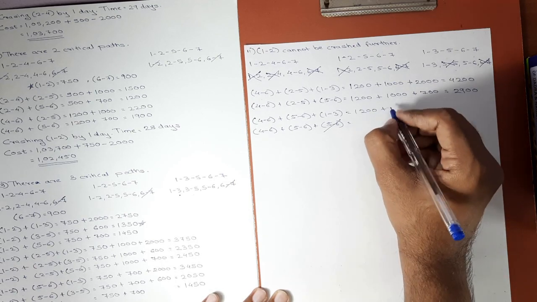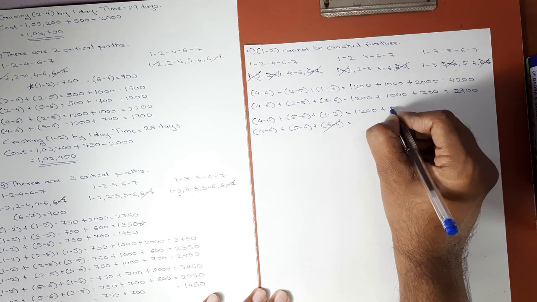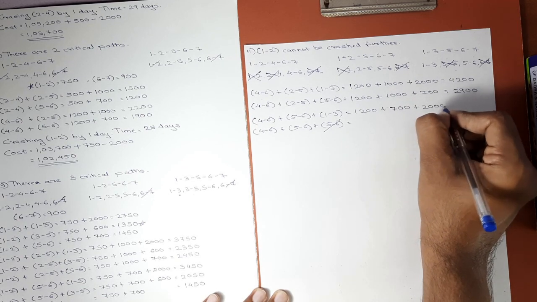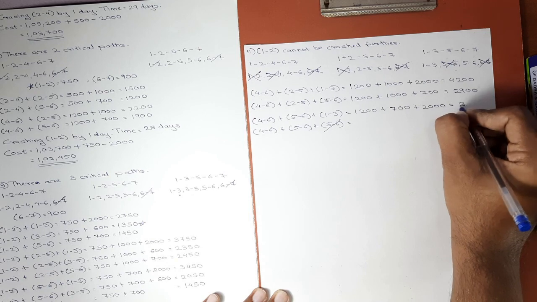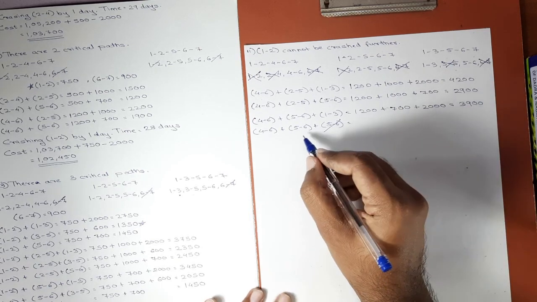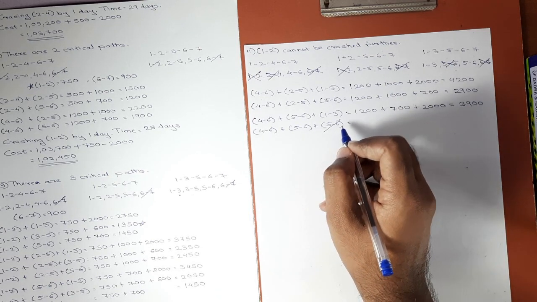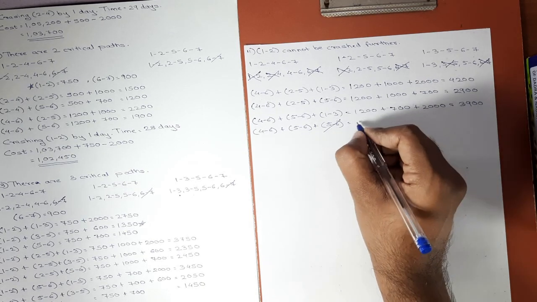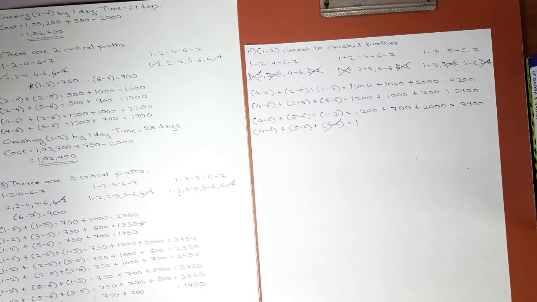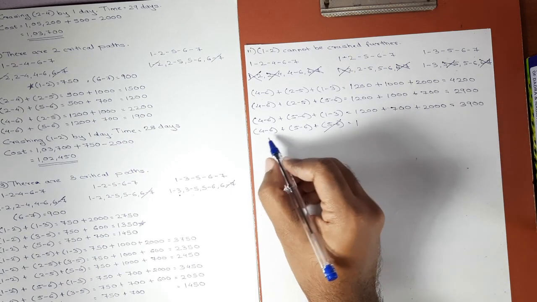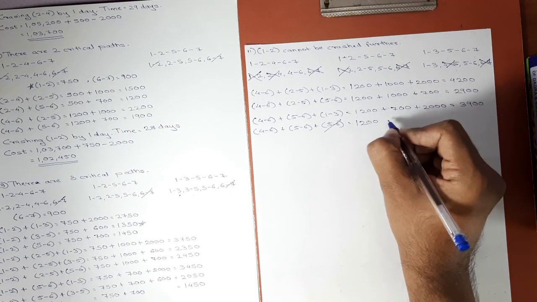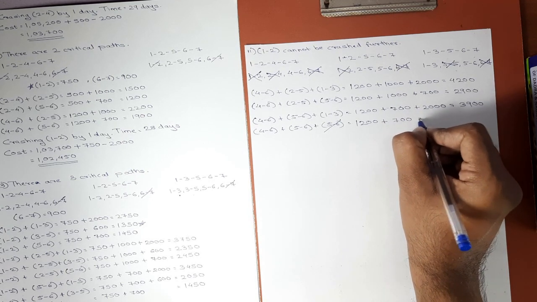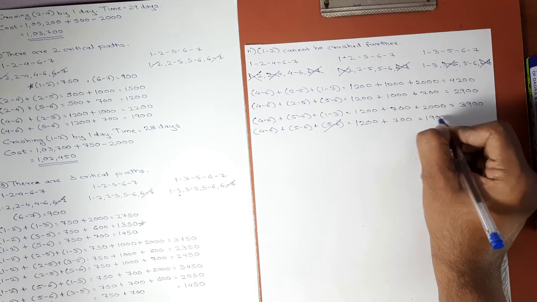Cost slope of 5 6 is 700 plus cost slope of 1 3 is 2000. Here the combined cost slope will be 3900. In last step 5 6 was repeated, so we striked it once and we'll be taking the cost slope of 5 6 only one time. Cost slope of 4 6 is 1200 plus cost slope of 5 6 is 700. So the combined cost slope is 1900.